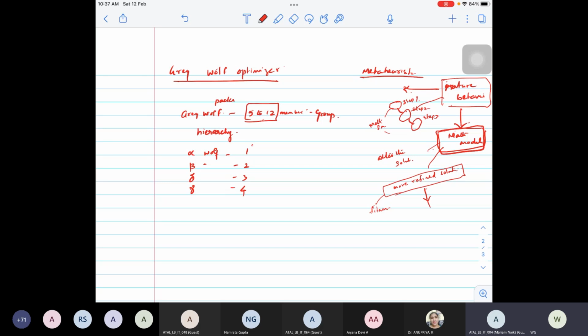The alpha wolves are the ones who take the major decisions, such as whether to hunt or not, and all the rest of the members have to acknowledge and abide by the alpha wolves' decisions.